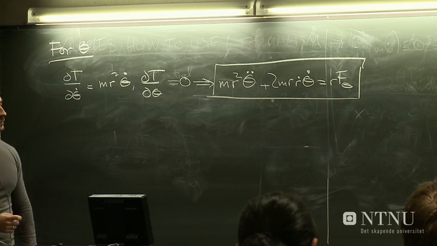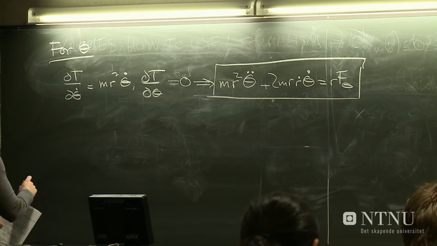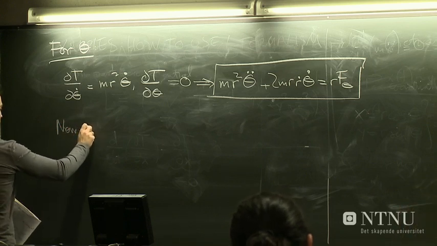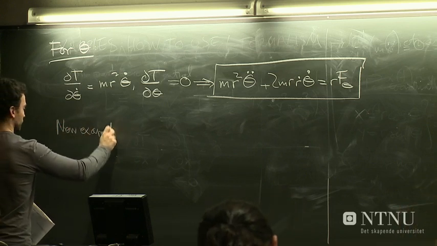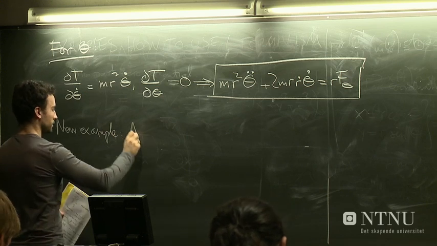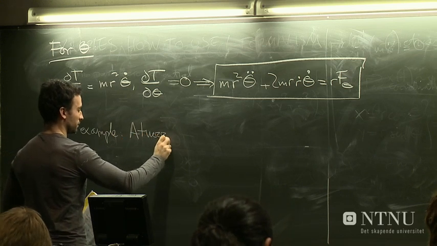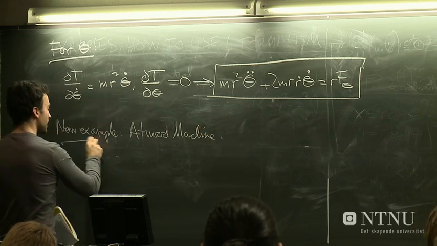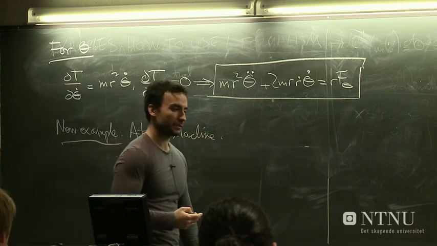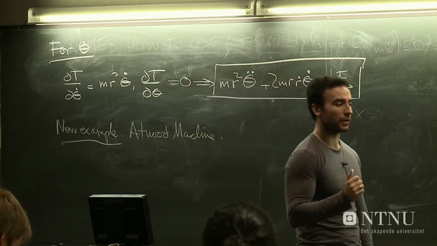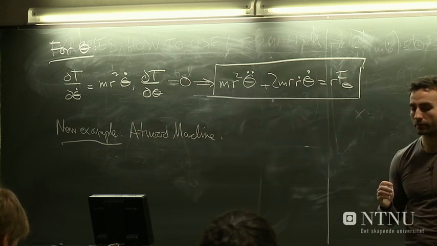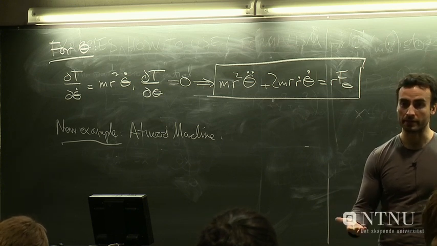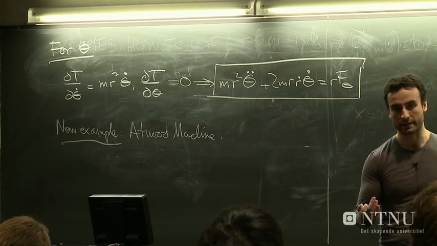Okay, we'll have a look at one more example. This example is meant to illustrate to you how approaches which you may have been accustomed to using previously, such as balancing forces, work.